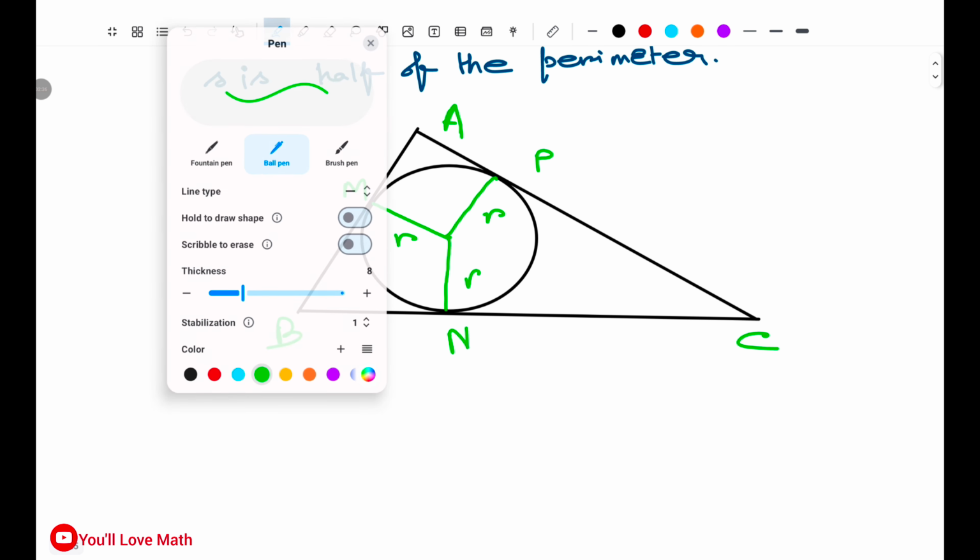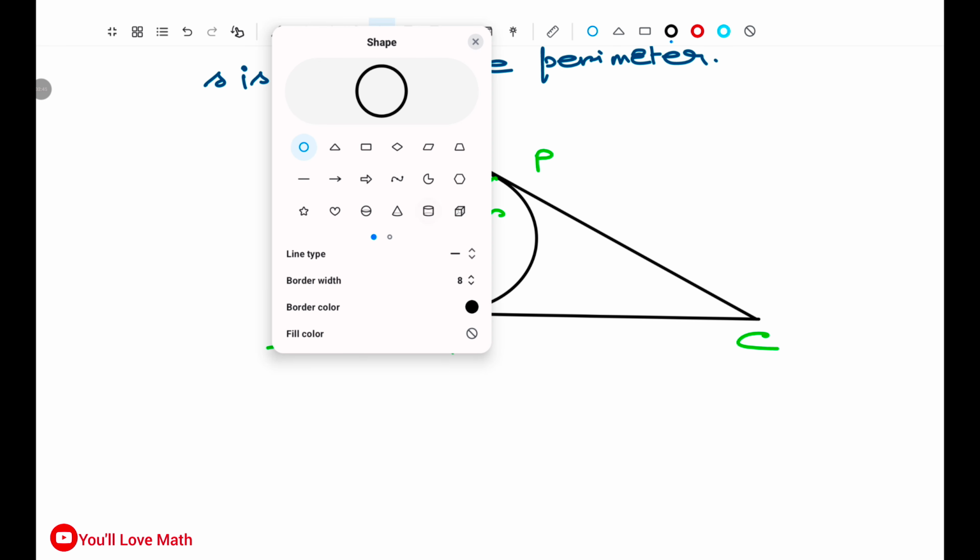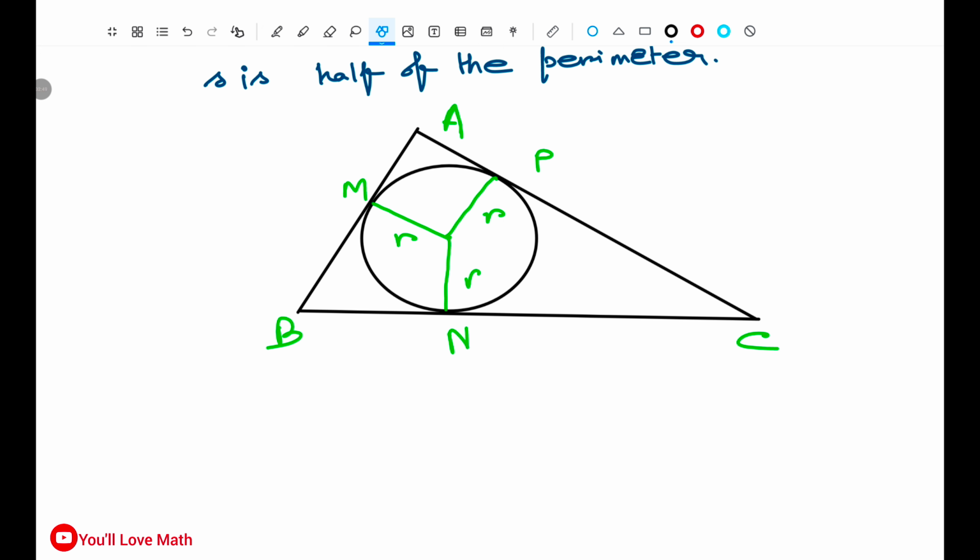For that we will draw line segments to make three triangles.